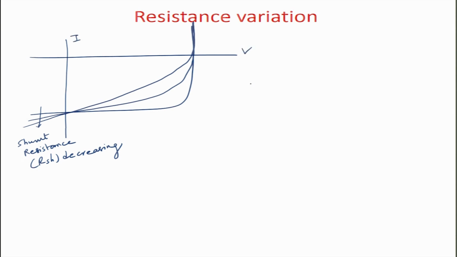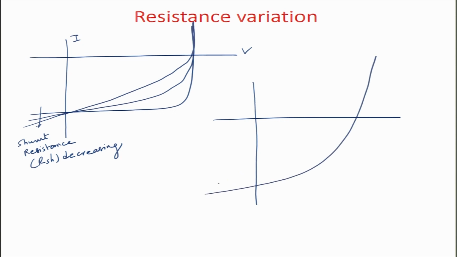And together, generally you will see that series is never equal to 0, shunt is never equal to infinity. So, in reality what happens is something like this. So, this is the ideal one, and this is the practical one, or rather a bad device actually.